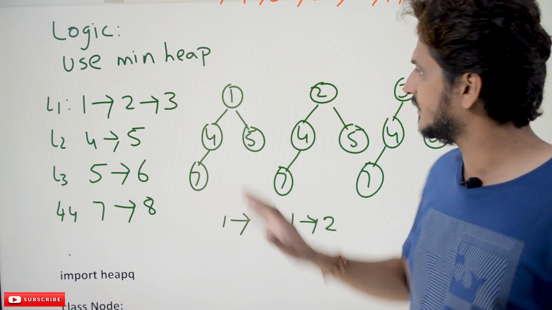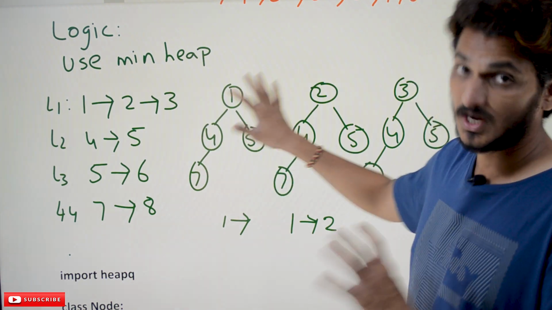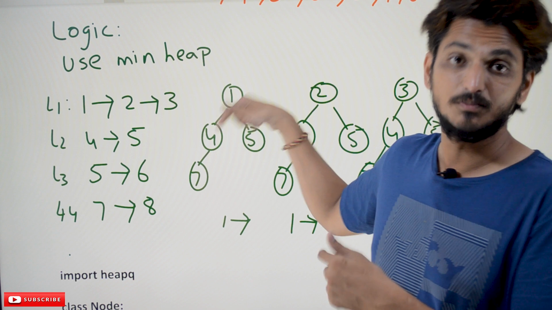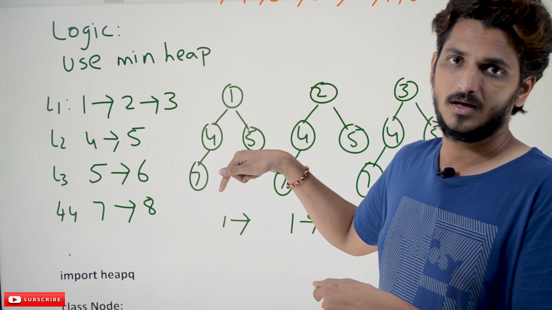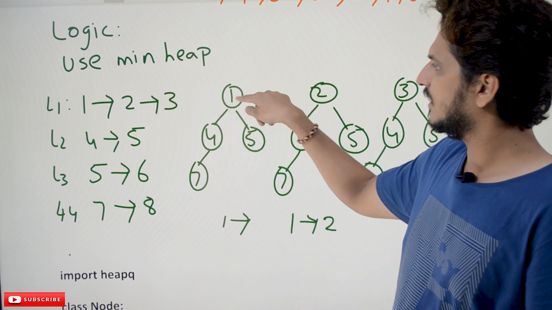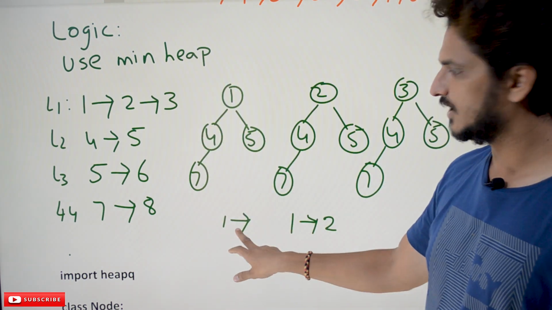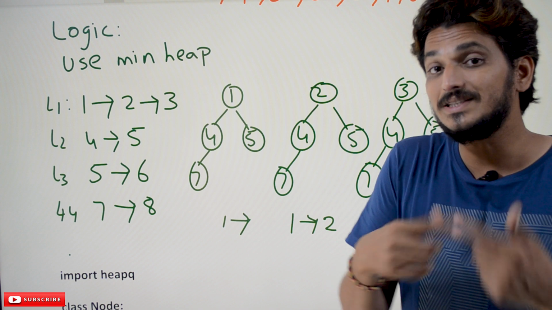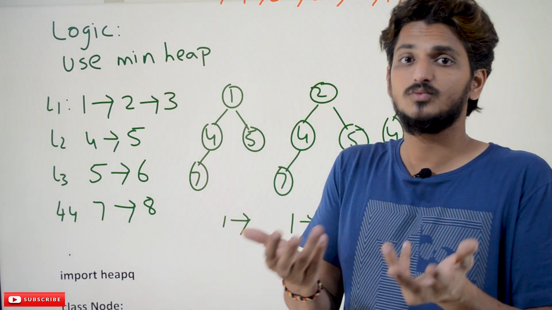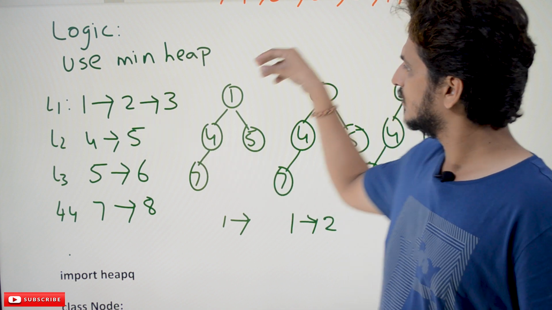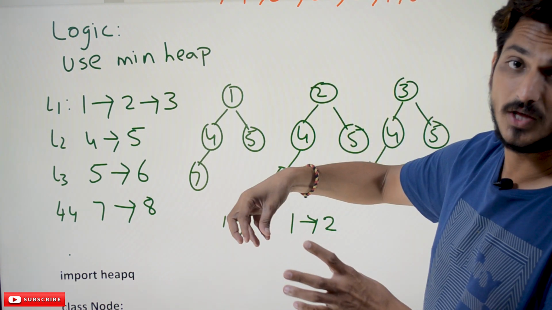Now the logic goes like this. We created a heap with the starting elements. Whenever you create a heap, it is a min heap, so the topmost element is the minimum element. Take out that element, create a node. The logic is very easy. Take out 1. What's the next node? 2. Place it here and push onto the heap.